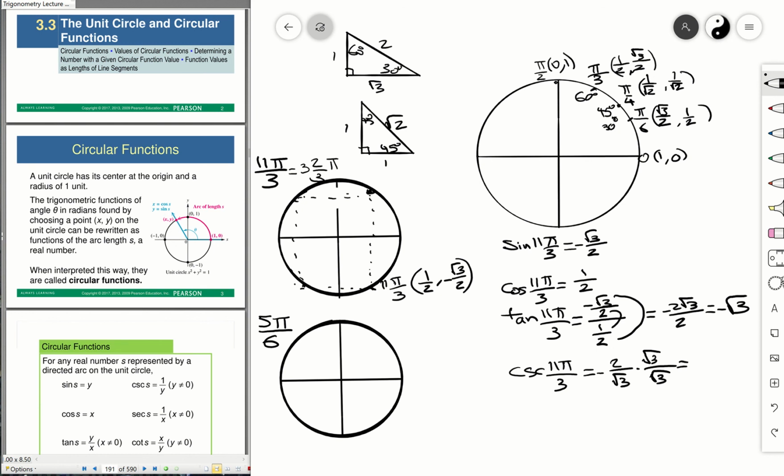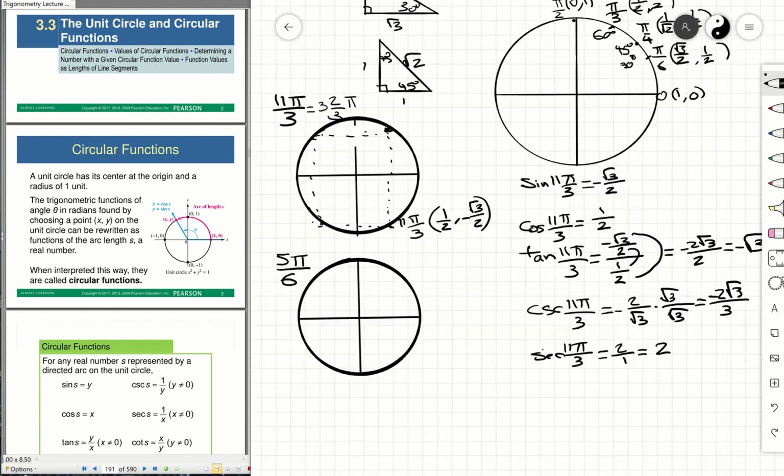And we end up with negative 2 square root of 3 over 3. So that's the cosecant. For the secant of 11 pi over 3, we're going to take the reciprocal of the cosine function, so that's going to be 2 over 1, or just simply 2.